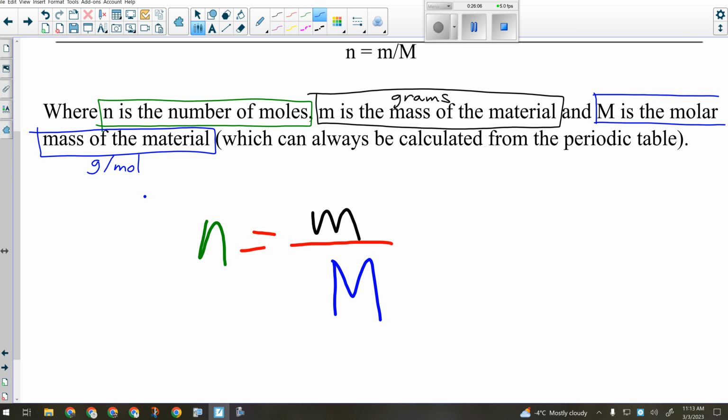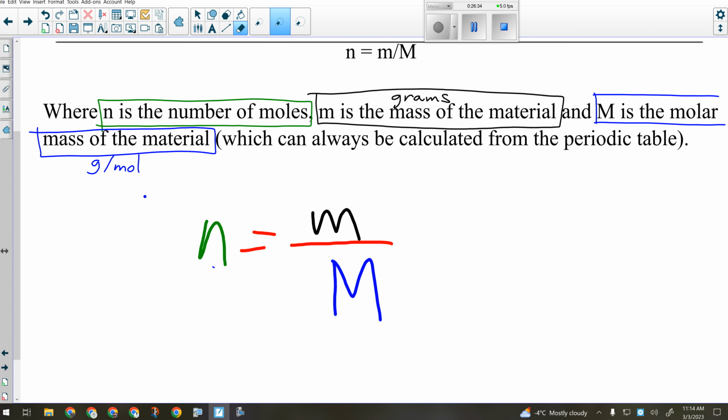Okay, so the way this equation is set up, I would be dividing grams by grams per mole. So the grams would cancel, and I'll be left with moles. Now, let's say I want to manipulate this equation.